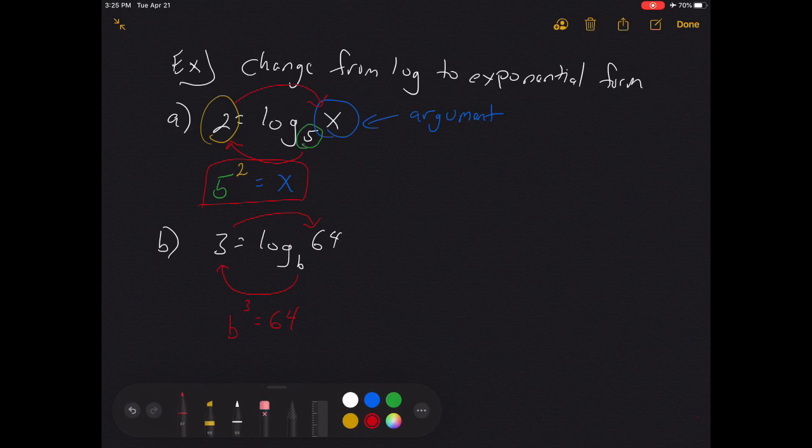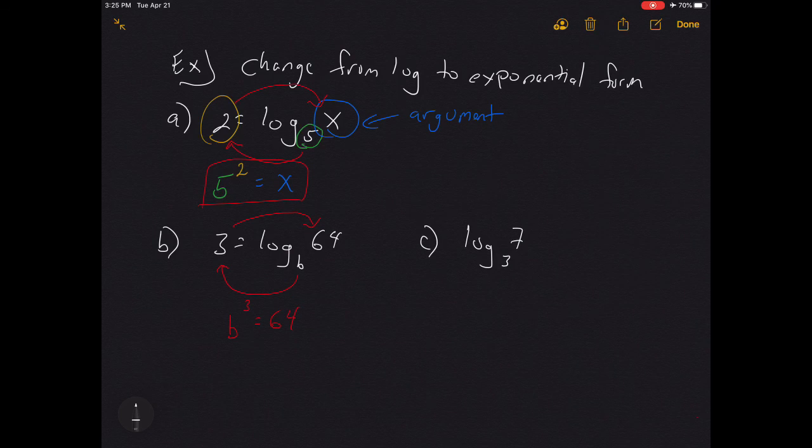All right, let's try one more. Letter C. And now we're going to have the log of 7 base 3 equals y. And again, all we're trying to do is rewrite this in exponential form. So we're going to take 3 to the y equals 7.